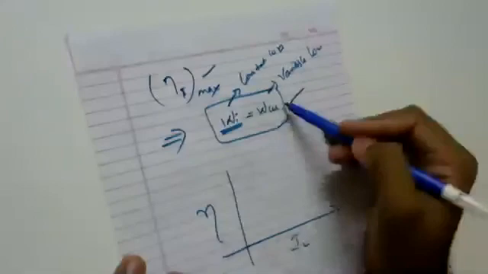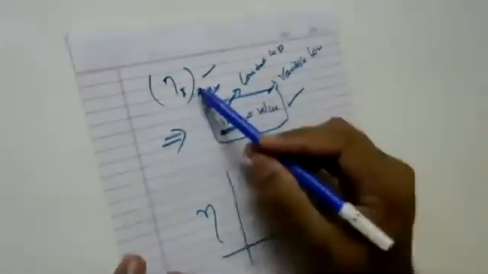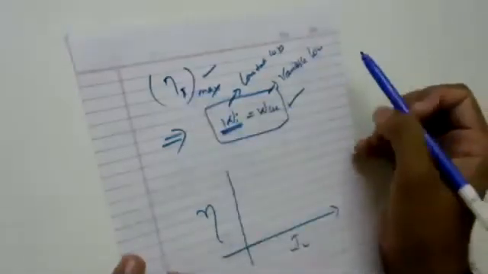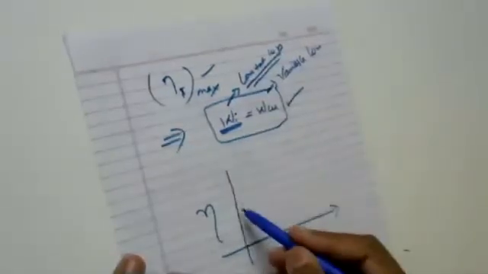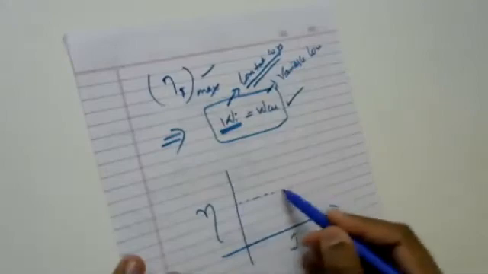So when constant loss is equal to variable loss, it's the condition for maximum efficiency. This loss is constant in nature, so let me say this much loss always occurs in my transformer.